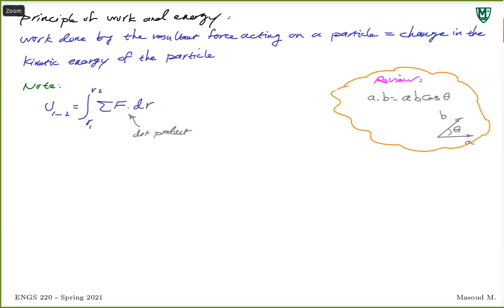So what does that mean in the physical world for us? That's just mathematics. It says if you have a dot product, the magnitude of the result would be 0 if the angle between those two vectors is 90 degrees. So that means that the components of force, going back to U from 1 to 2, that integral, the components of force that are perpendicular to the path do not create any work.